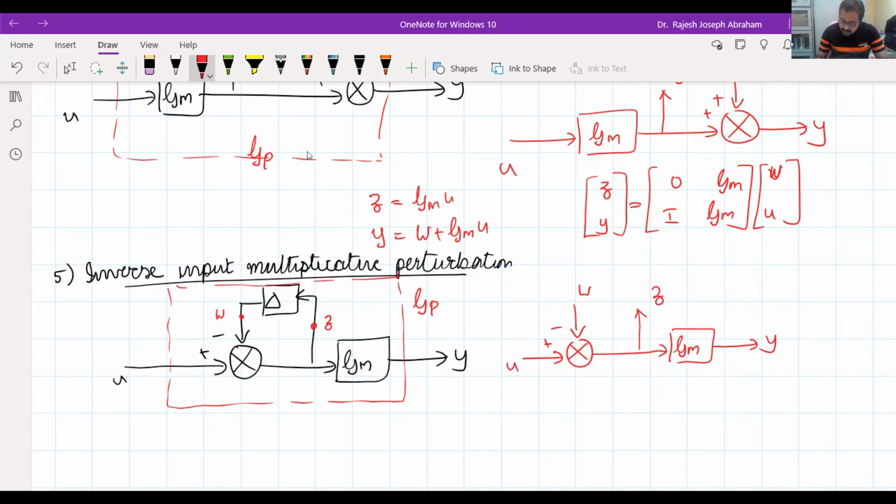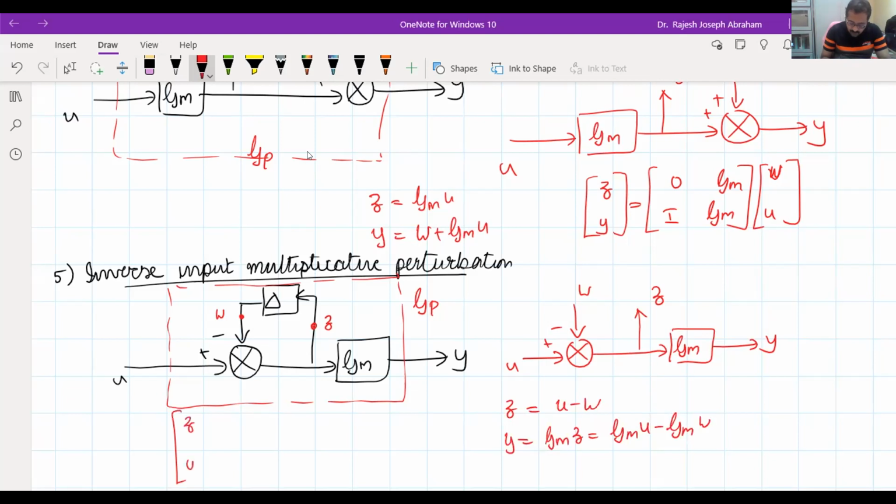Okay, this is U. So what is Z? It's the signal at this point. What is the signal at this point? U minus W. And what is Y? GM into Z, that means GMU minus GMW. So what will be the upper LFT representation?